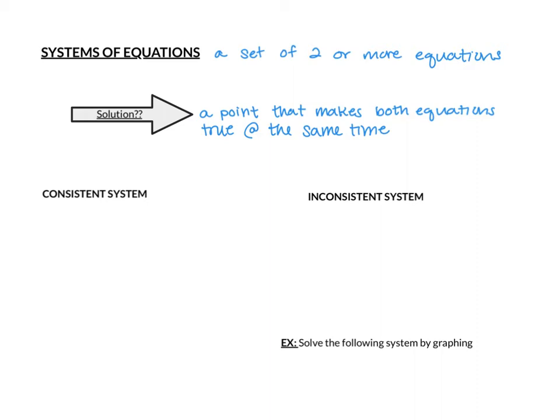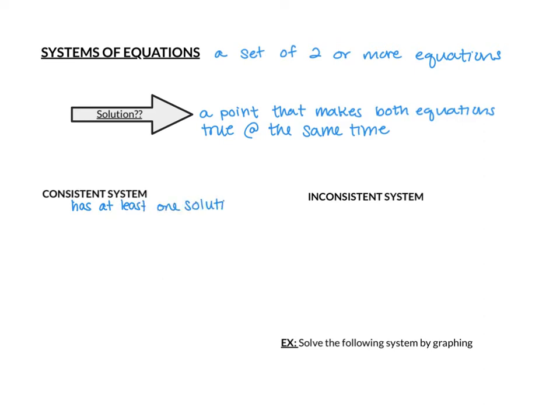Now, there are two types of systems we're going to look at. Actually, really three types, but one has two subtypes, if you will. So we have consistent systems. The definition of a consistent system is that it is a system that has at least one solution.